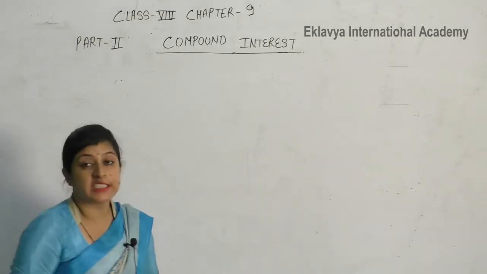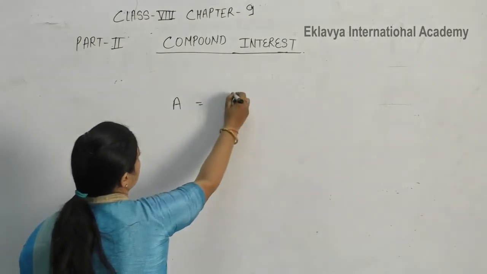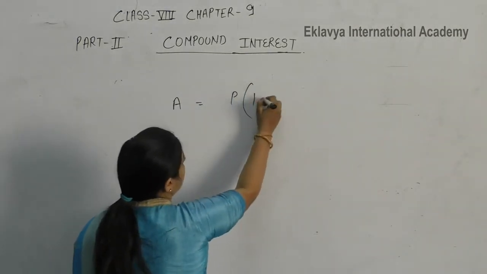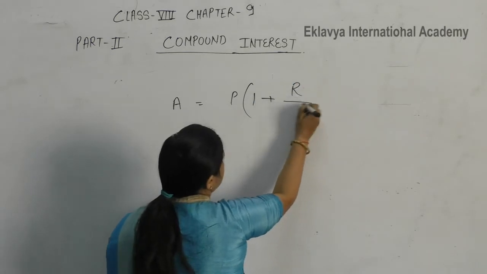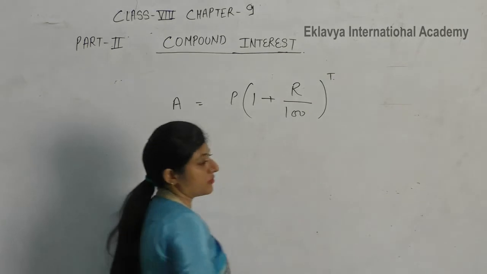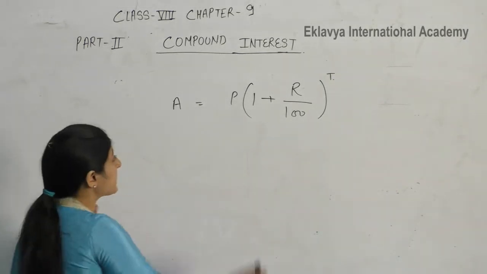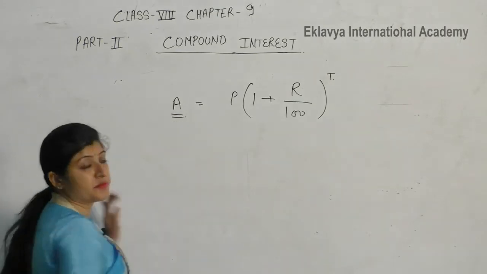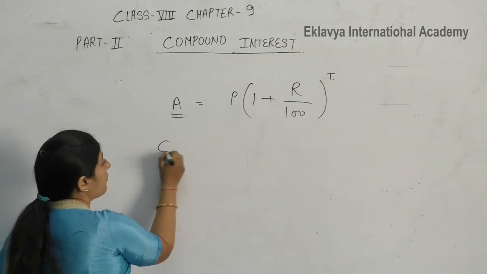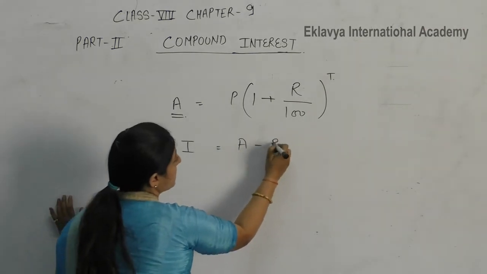In this chapter, what is the basic formula of compound interest? The amount is equal to principal multiplied by (1 plus rate by 100) to the power n, or sometimes written with T. This is the compound amount. Now, how do we find the compound interest? It is amount minus principal.